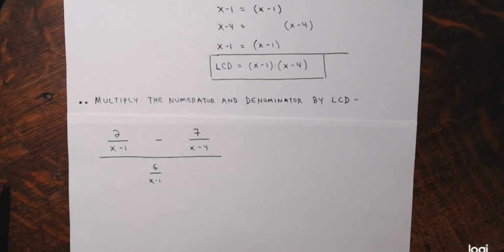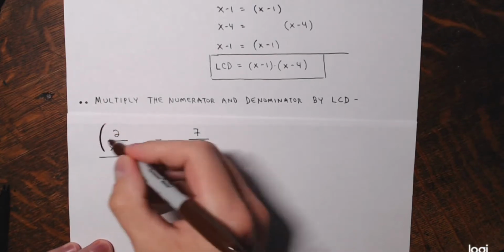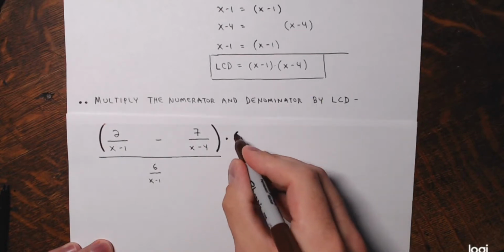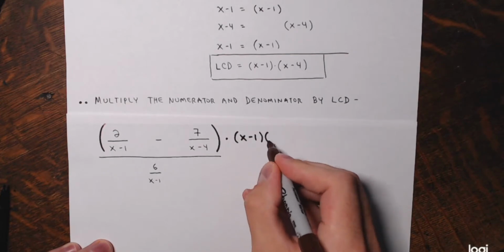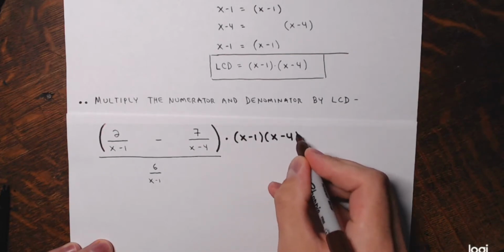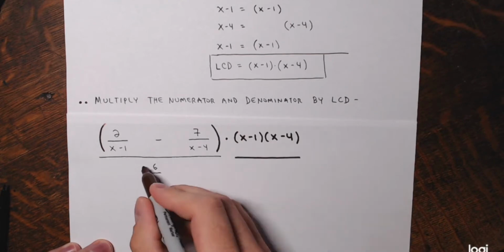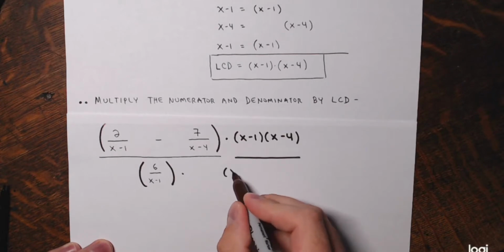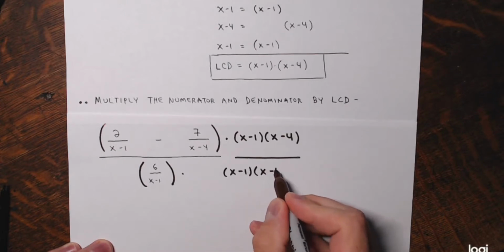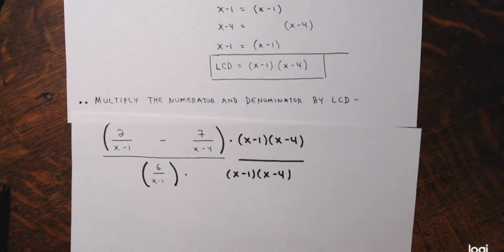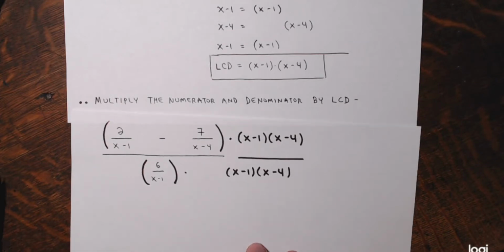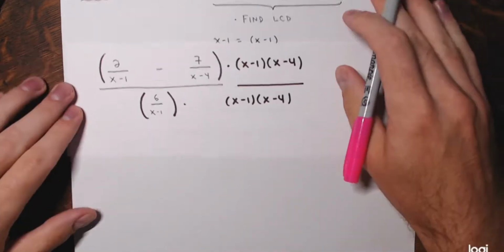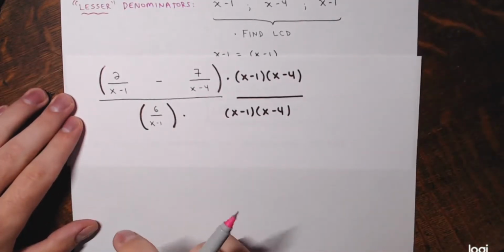And I'm multiplying the entire numerator by the LCD, by this x minus 1 times x minus 4. And same thing with the denominator, multiplying the whole denominator here by x minus 1 times x minus 4. Multiplying the numerator and denominator of the complex fraction by the LCD. Now the whole reason for doing this is to get rid of those lesser denominators.